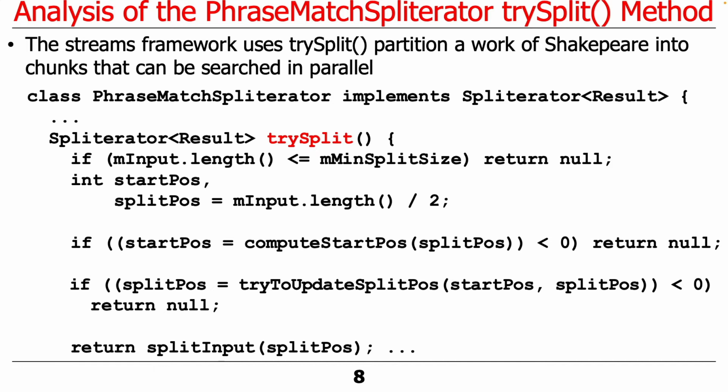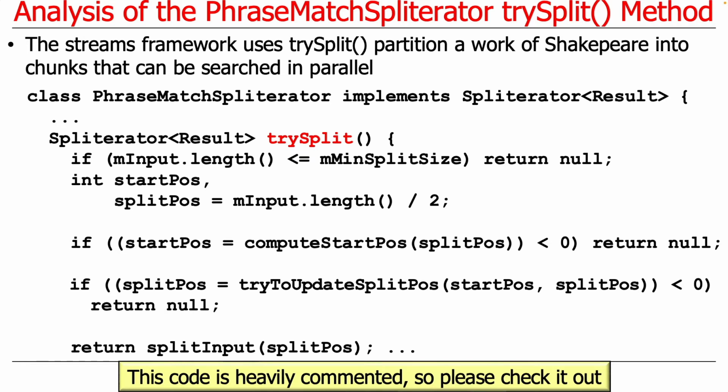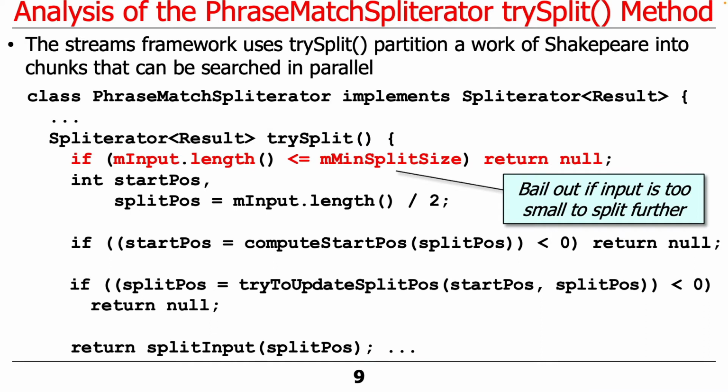So this is what the actual code looks like. And I left a few things out just because it would get too messy, but we'll walk through it and I'll show you the key parts. If you really want to see the code in all of its full-blown glory, take a look at the implementation stuff in my GitHub repository. It's very heavily commented and it will explain even in further detail. So if the length of the input at this point, which may have been split several times, is less than or equal to the minimum split size that was computed in the constructor, we're done.